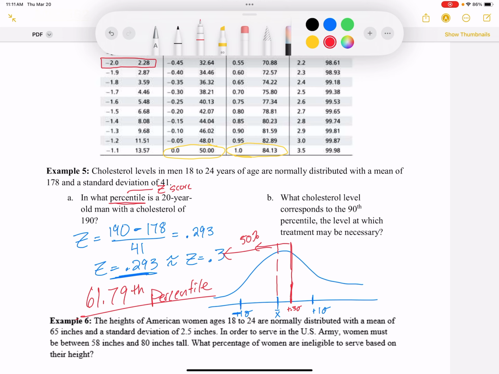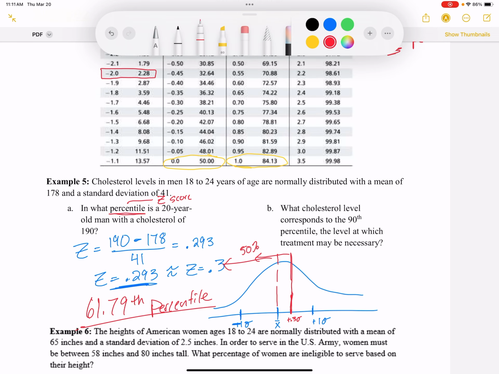And that's another way of saying 61.79% of the data is below me.